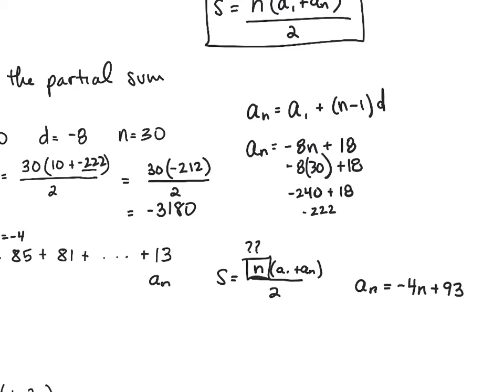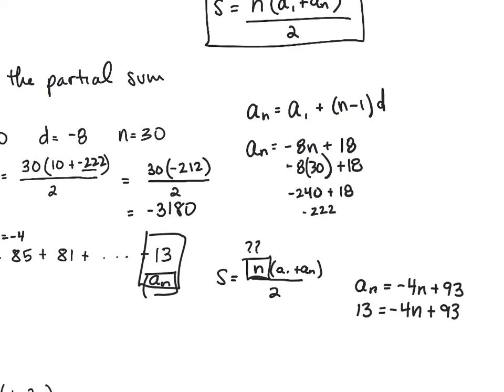Now, what I'm trying to figure out is, what term is 13? Is it the 20th term? Is it the 40th term? 13 is an a sub n value. What I'm trying to figure out is what is its n value. So I could solve that equation by plugging in 13 for a sub n, and then solving for n to figure out its n value, meaning what spot it is in the sequence.